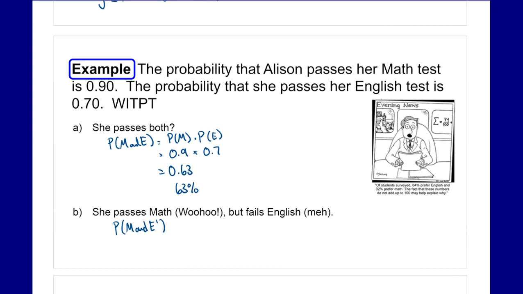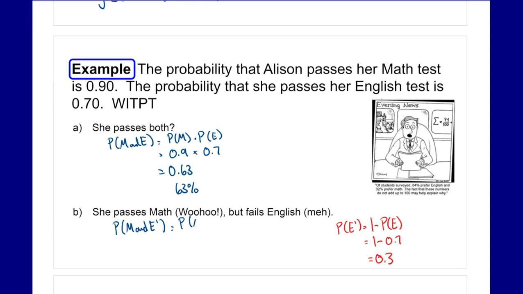We can calculate it though, because the probability of failing English is going to be 1 minus the probability of passing it. Right? So using the idea that all probabilities add up to 1, 1 minus 0.7 equals 0.3. So there's a 30% chance that she will fail English.